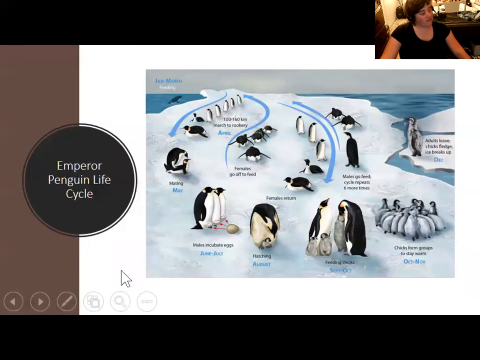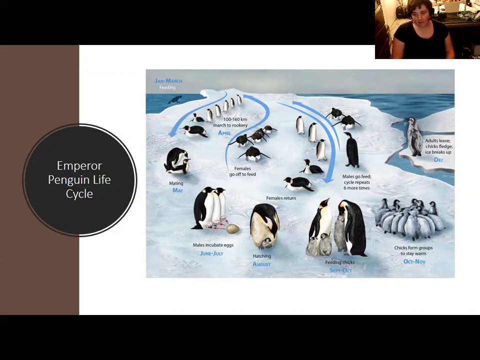Because their life cycle actually takes them so that they lay their eggs and watch them over the winter. So emperor penguins spend January through March feeding, and they do that because that's when ocean productivity is highest. Then they march hundreds of kilometers inland in some cases.